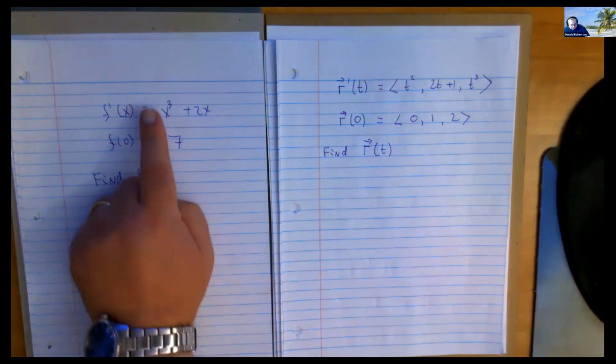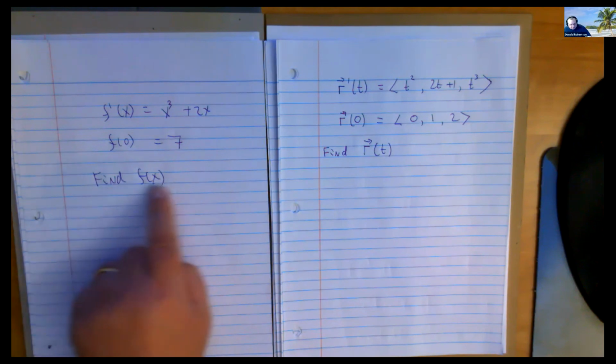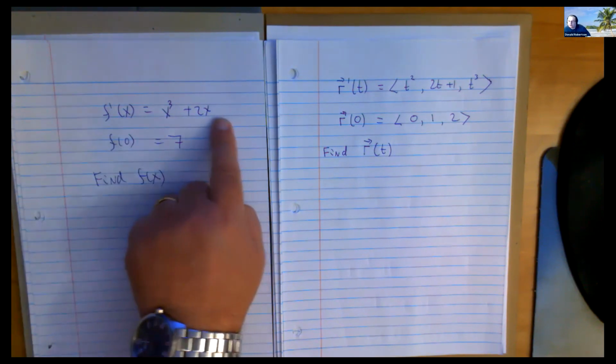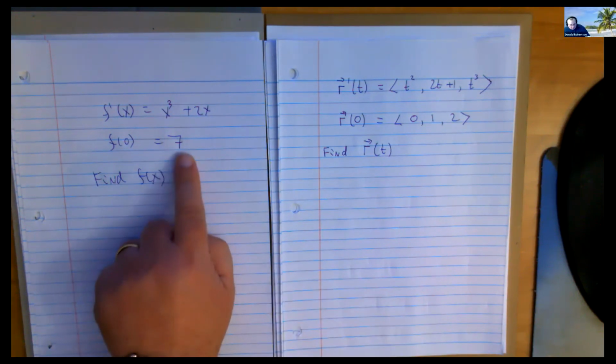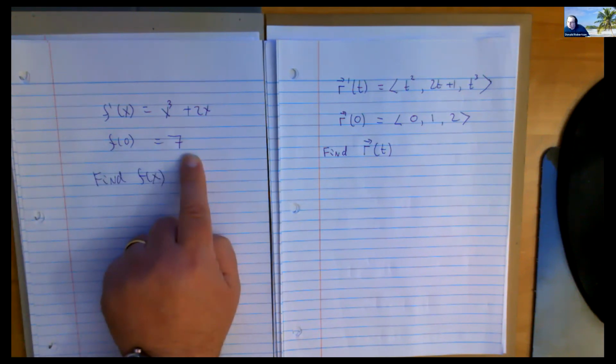If I was doing this question, how would I find f of x when I'm told what f dashed of x is equal to, what its derivative is? Oh, you're just going to integrate it and then add a plus c. And won't this guy here allow me to figure out who the plus c is?